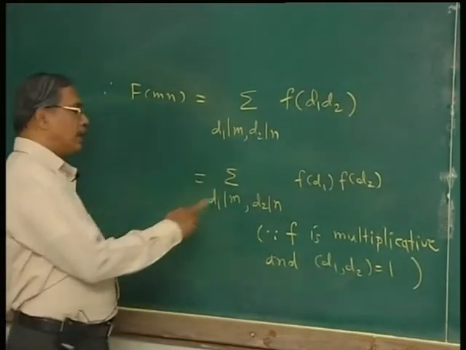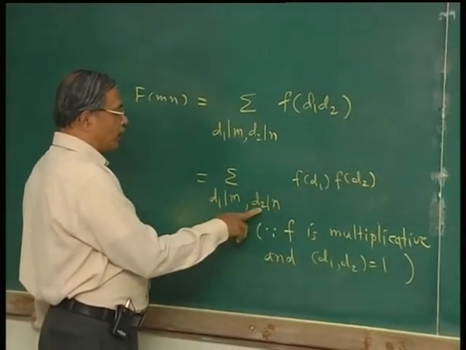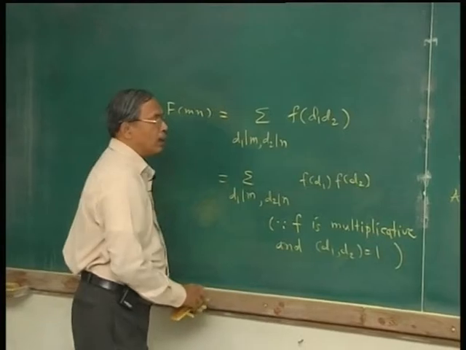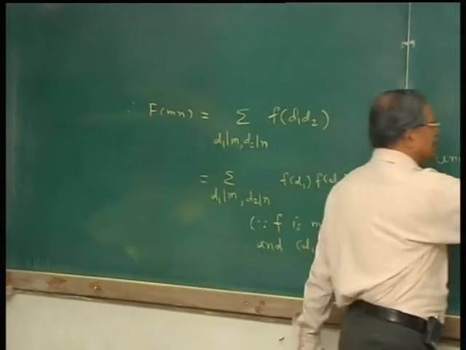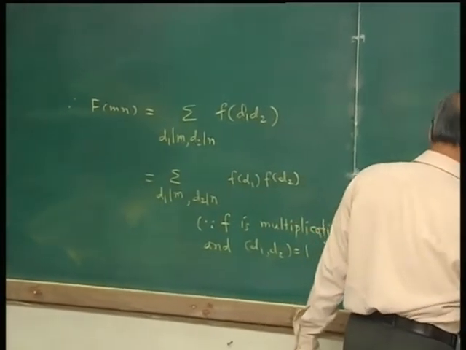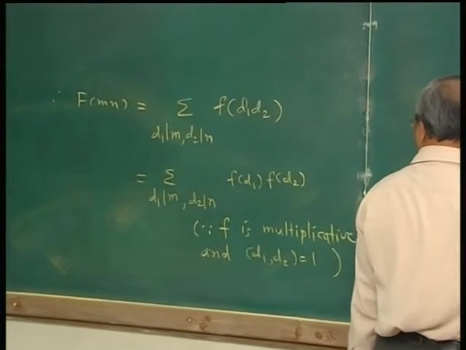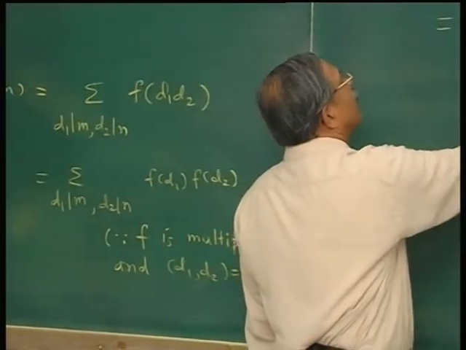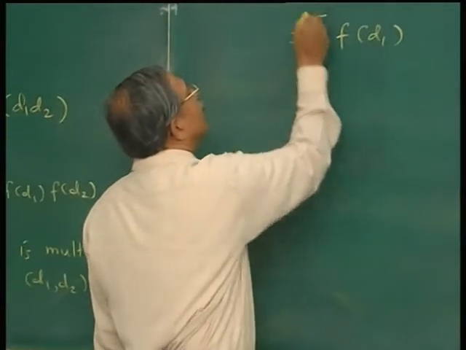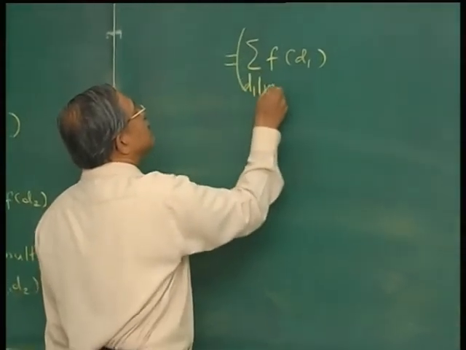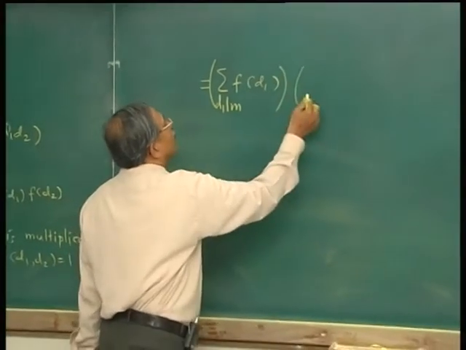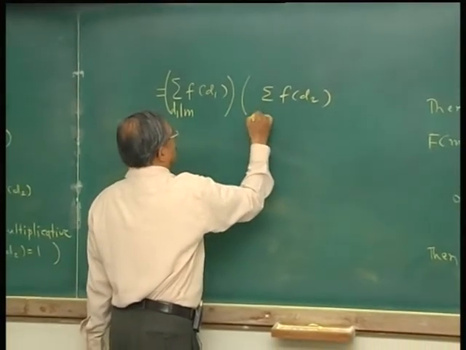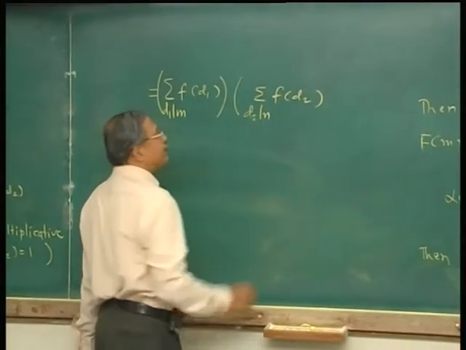Alright, so this is a double summation over d1 as well as d2, which we can write as the summation of f(d1) over d1 dividing m, into the summation of f(d2) over d2 dividing n.